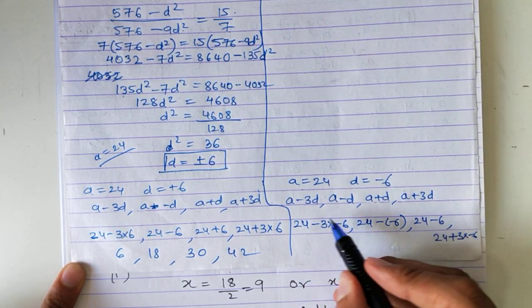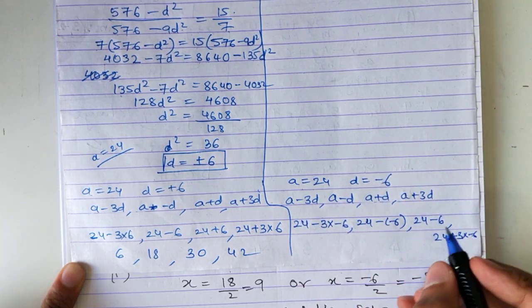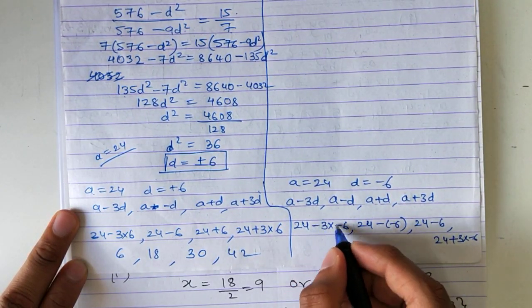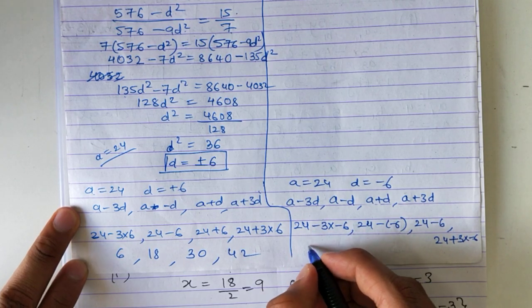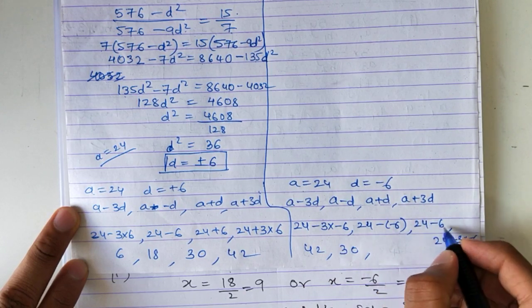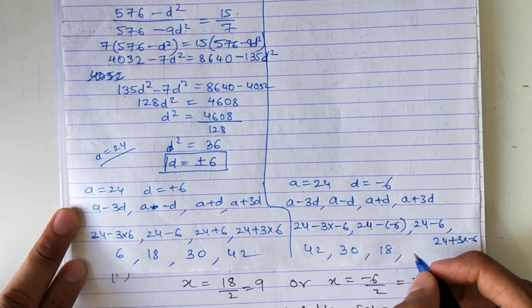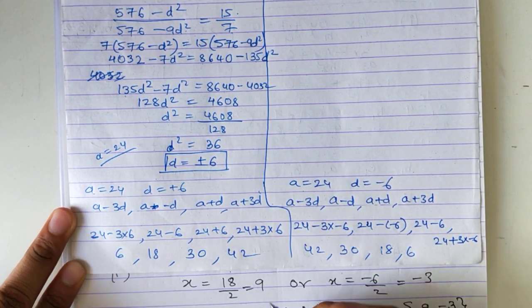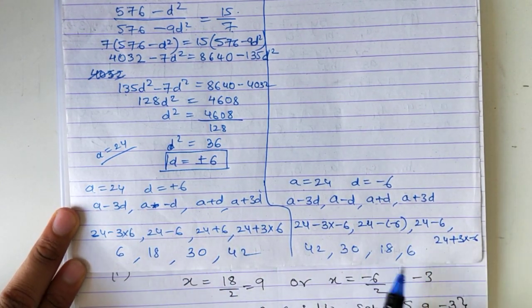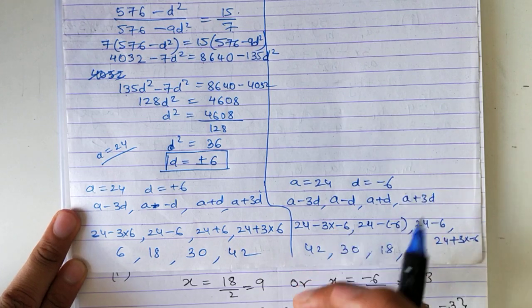When you put the values of a and d here, minus minus will become plus. So 24 plus 18 is 42. Here also it will get added, 30. Here subtraction, 18, and here you will get 6. So see, same answers but in reverse order. So you have to do both of them. Okay, you have to show both parts.